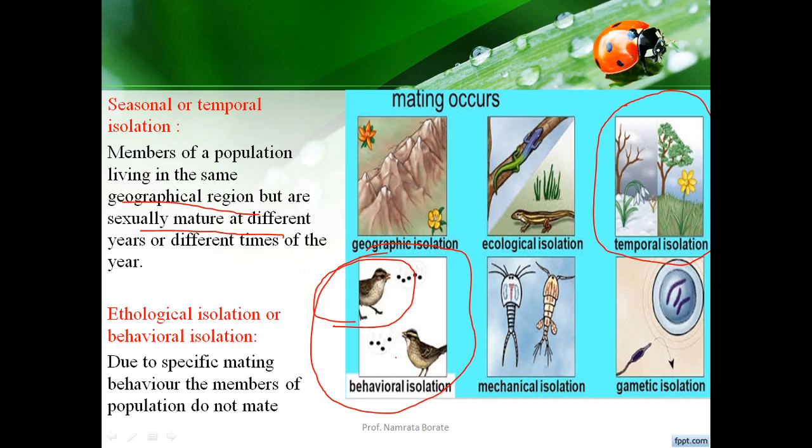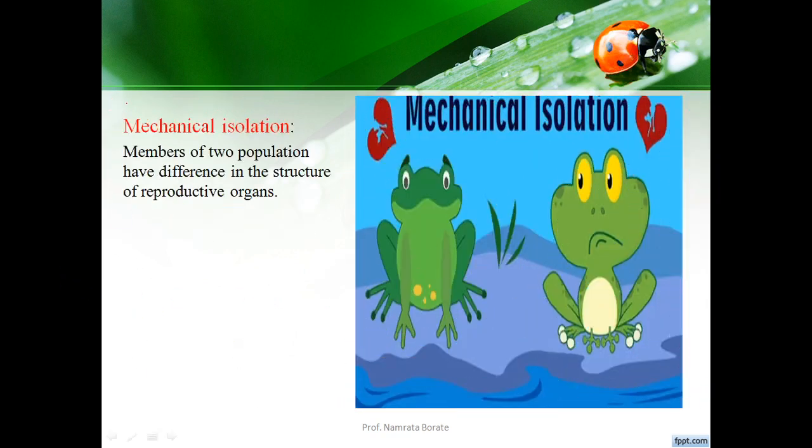That is behavioral isolation or ethological isolation. The next form of isolation is mechanical isolation. Members of the two populations have differences in the structure of the reproductive organ, a difference in the gonad structure. So it is called mechanical isolation.